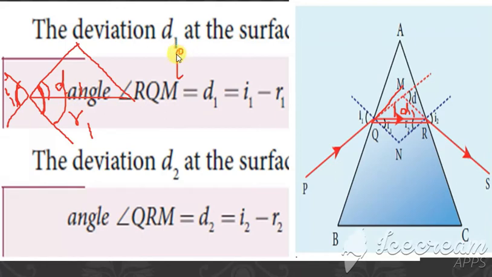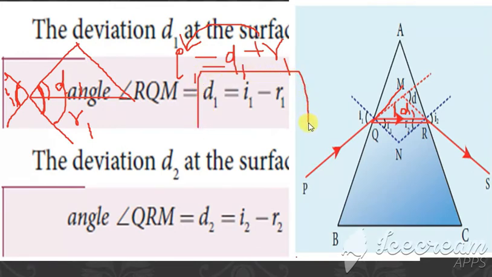So this can be written as I1 is equal to D1 plus R1. Since you need the value of D1 alone, bringing R1 to the other side, D1 is equal to I1 minus R1. Clear with this?